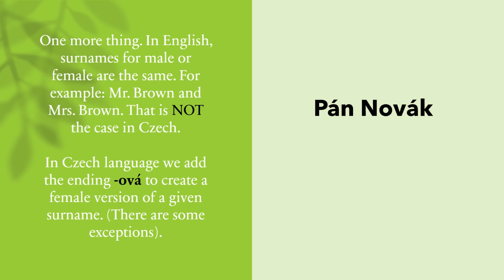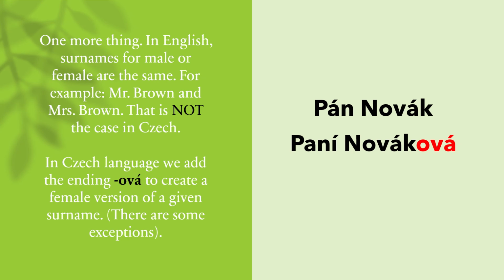And another thing, in English, surnames for male or female are the same. For example, Mr. Brown and Mrs. Brown. That is not the case in Czech. In Czech language, we add the ending ova to create a female version of a given surname.